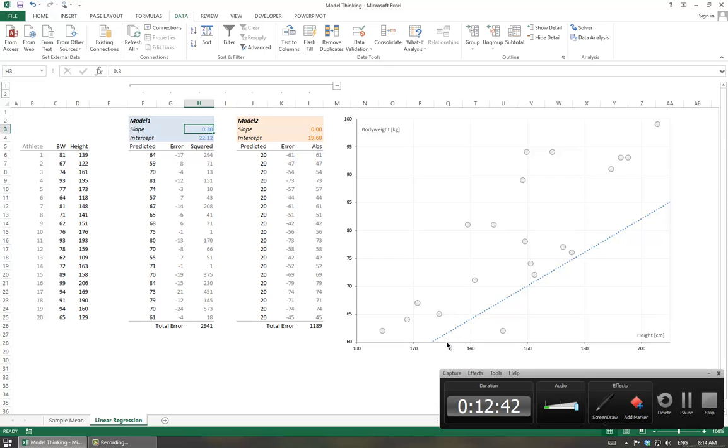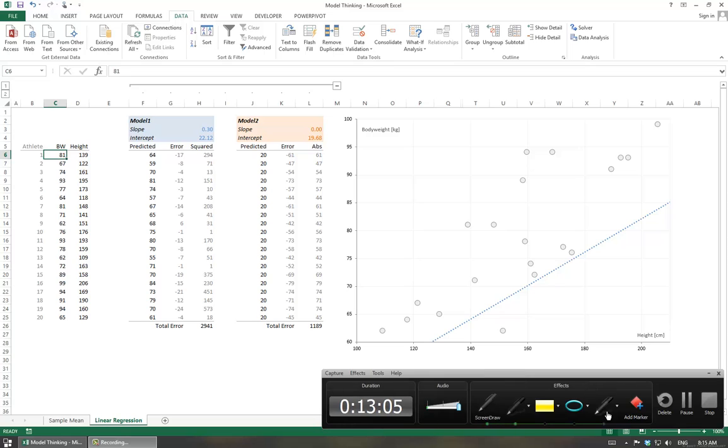So we predict the body weight using height, so this is a predicted body weight, and we calculate the error between the predicted and real. So basically the distance between any given athlete, or in this example, a point, and our linear model. So basically, a linear model is just a formula for a line.